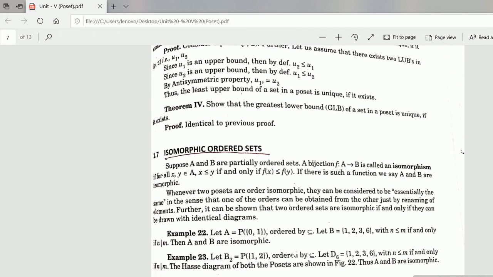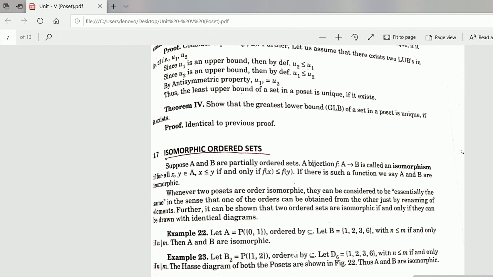So suppose A and B are partially ordered sets. A bijection function f from A to B is called an isomorphism if for all x, y which belong to A, x is less than or equal to y if and only if f(x) is less than or equal to f(y). If there is such a function, we say sets A and B are isomorphic.